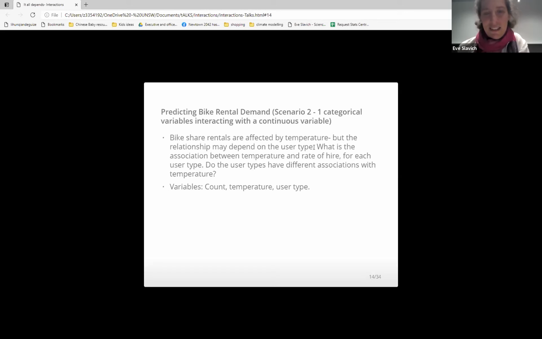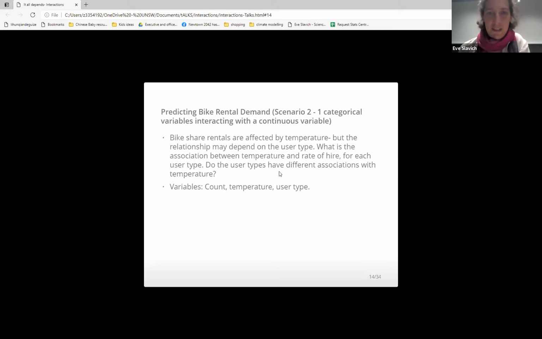So in this data set, it seems like the warmer the day, almost the more people rent bikes out. But the relationship between temperature and bike renting might depend on the user type. So the question that I'm asking is, what's the association between temperature and the rate of hire for each user type?